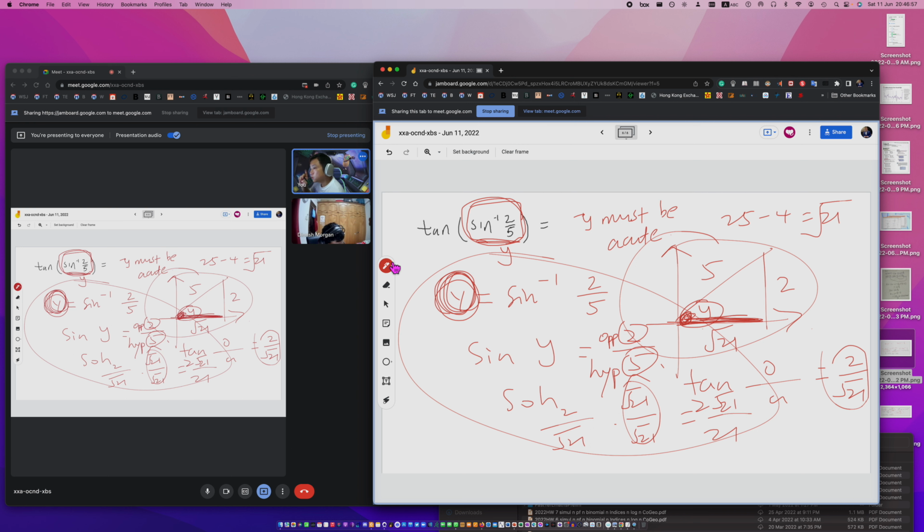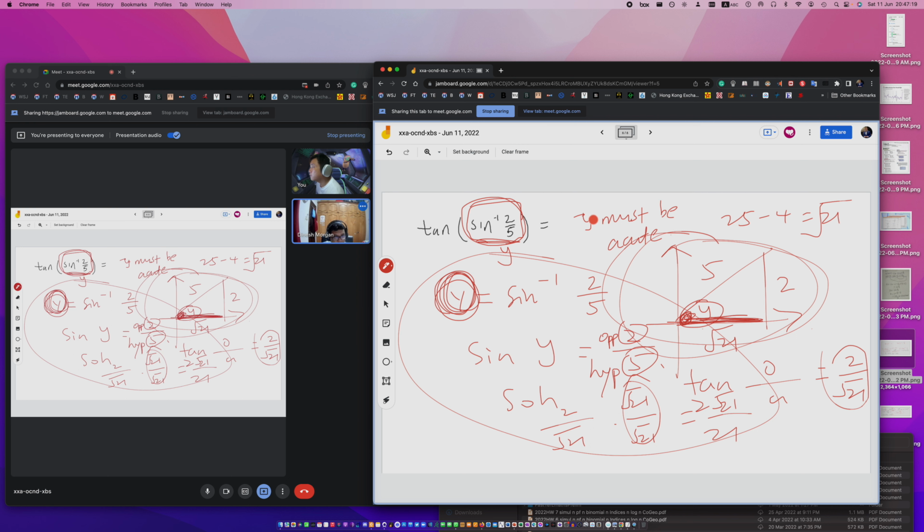Before we continue, why do I think of this method? You are given this question, you have no idea what to do. But I am given this question, I have some idea what to do. So how do I make sure that you have some idea what to do next time?